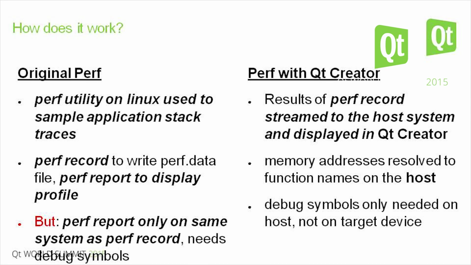So what I did is I used the record function to generate the trace, and the trace is sent in real time to the host system, where I analyze it myself with Qt Creator, and I do all the heavy lifting, like unwinding of the stacks and finding the symbols and so on, in Qt Creator, or rather in a little helper application that Qt Creator uses. And that results in faster execution time, so you don't need to wait for the report to be generated. And you can do it across CPU architectures.